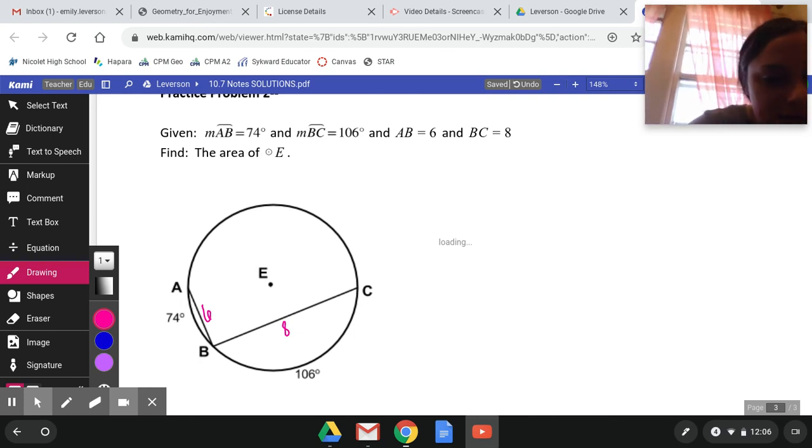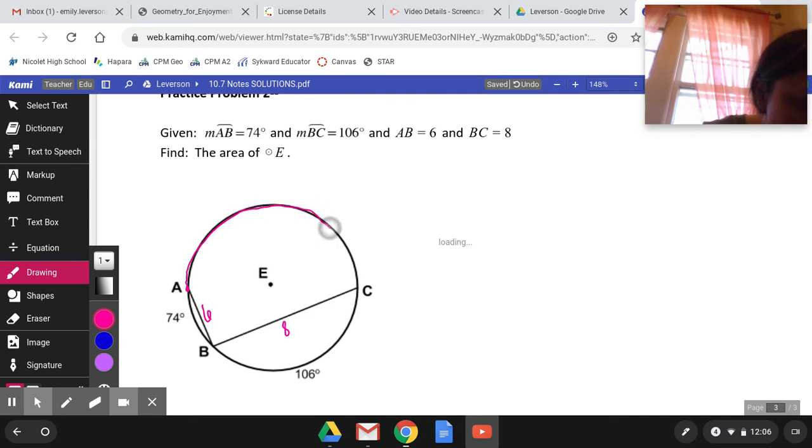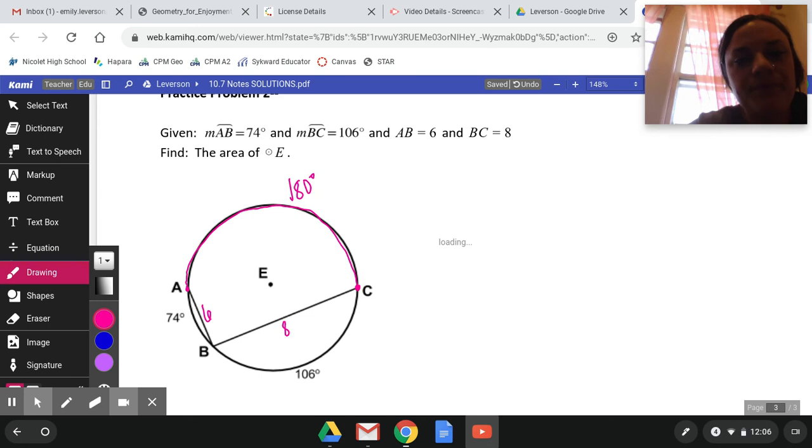So if that's 180, then I know that this missing portion of the circle is also 180 degrees, which means that I have a right angle down here. Okay, so that's 90 degrees.